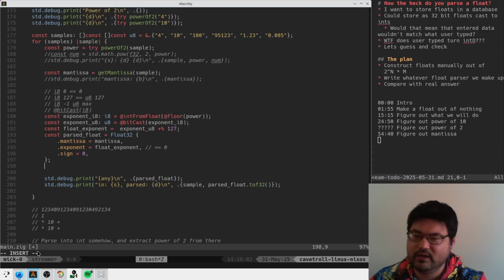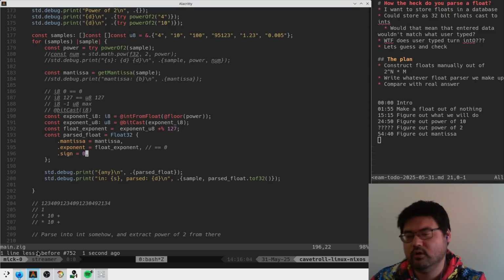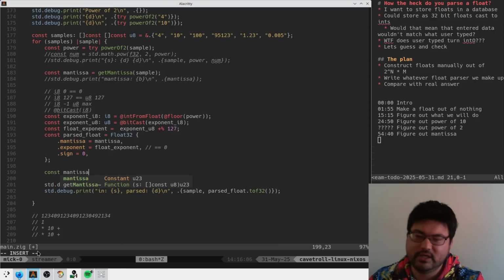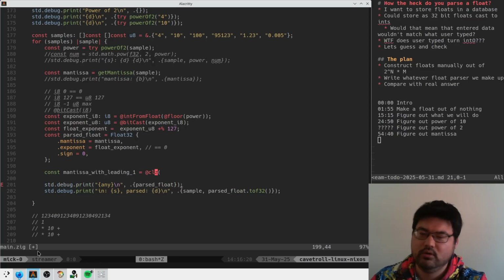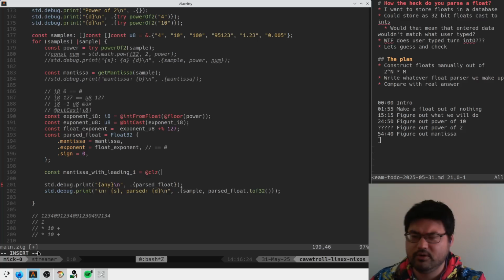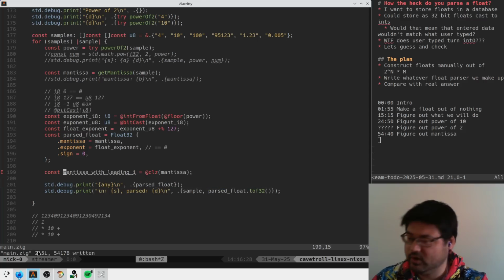So can we do like mantissa with leading 1 should be count leading zeros of the mantissa. We need to put it back in, right?